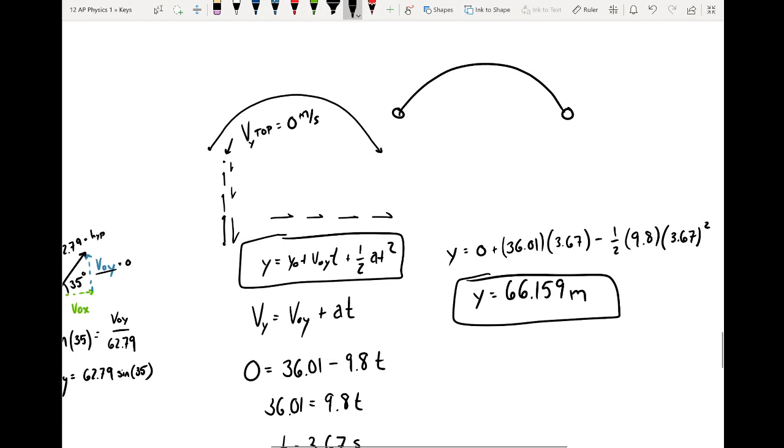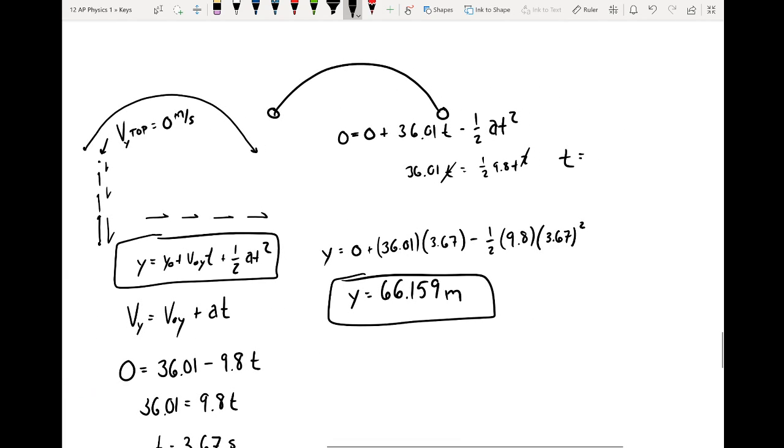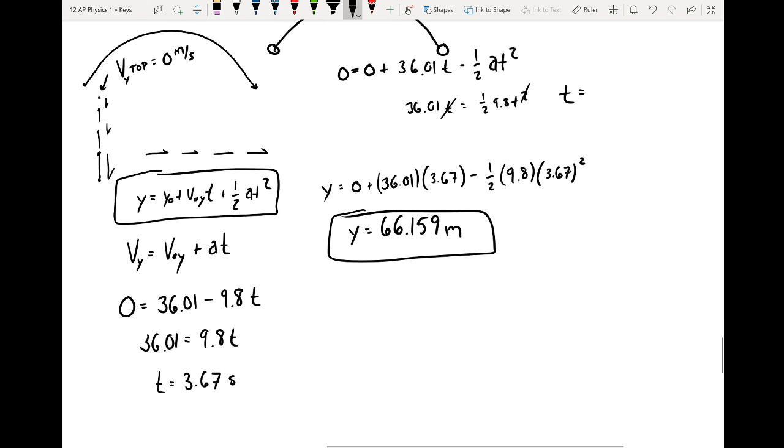So 0 equals 0 plus 36.01 t minus 1/2 a t squared. So 36.01 t equals 1/2 times 9.8 t squared. Cancel out a t. Then when we solve for that, the time for the full path is just going to be double our time that we found before, so it'll be about 7.34 seconds.